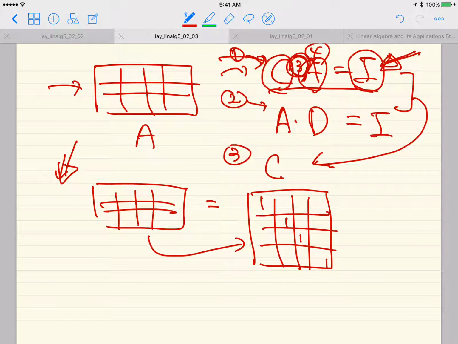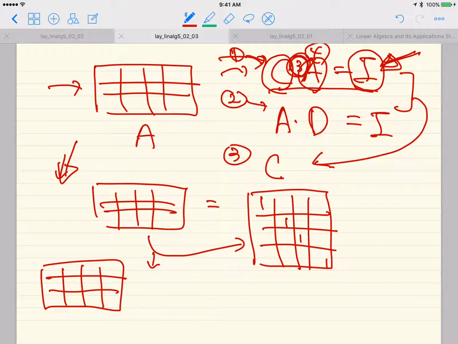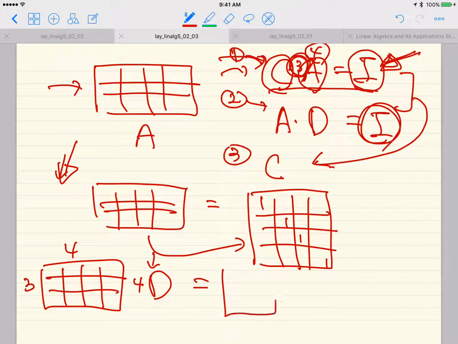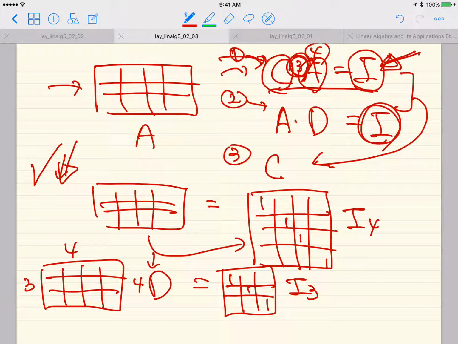Or you use your matrix on the left and multiply some matrix D. In this case it's 3 by 4 and D is 4 by something. But in order to have an identity matrix as the resulting matrix, this should be a 3 by 3 matrix, right? So let's call these I4 and I3. Is this possible, or is the second case possible?